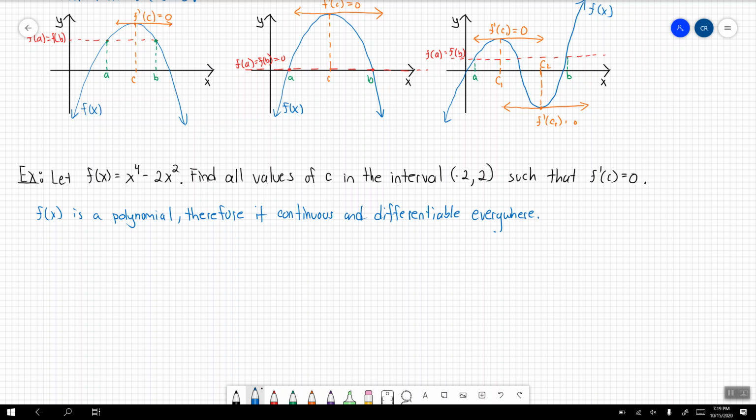Well, since it's continuous and differentiable everywhere, then on some given interval, it's also going to be continuous and differentiable.